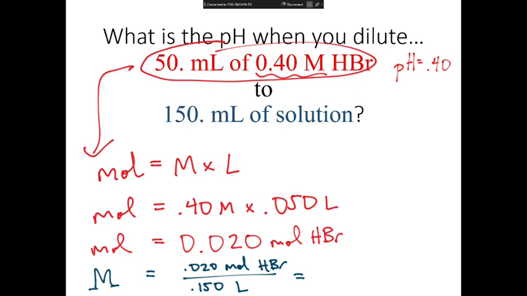So now it's 0.133 molar. Well, the concentration went down. Let's find out what happened to the pH. So now to find the pH, again, this is a strong acid, so I can just use its concentration as the concentration of H3O+. Go to the board.